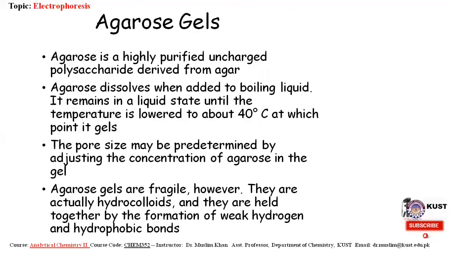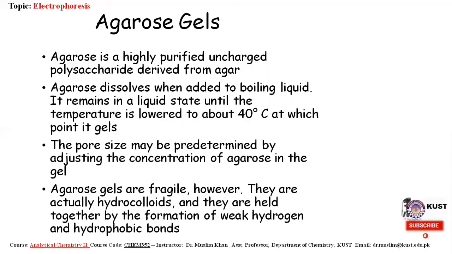Agarose gel is a highly purified, uncharged polysaccharide derived from agar. Agarose dissolves when added to boiling liquid. It remains in a liquid state until the temperature is lowered to about 40 degrees centigrade, at which point it gels. This is just information about agarose gel, because agarose and polyacrylamide are the two quite commonly used gels in electrophoresis.